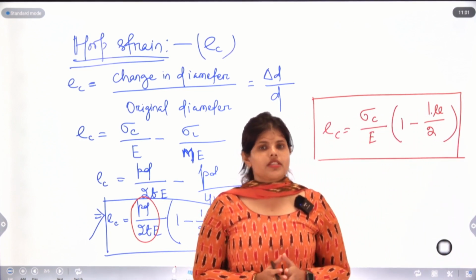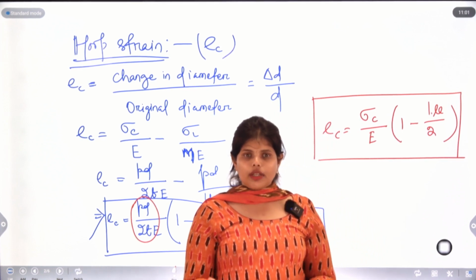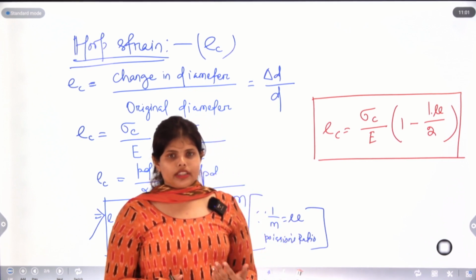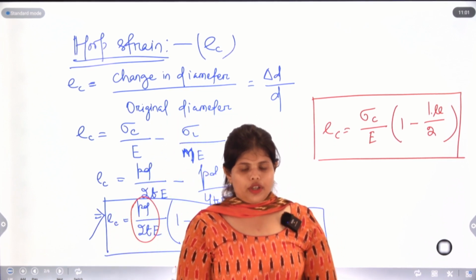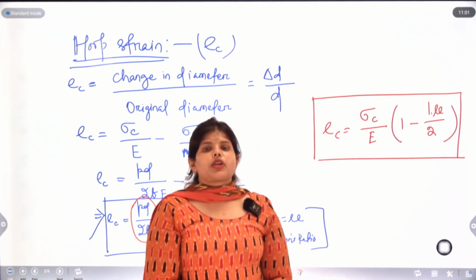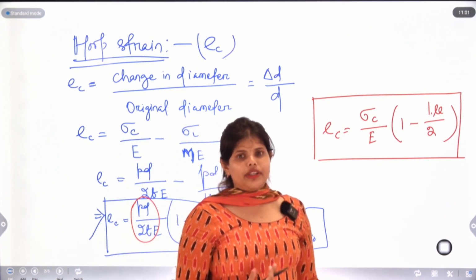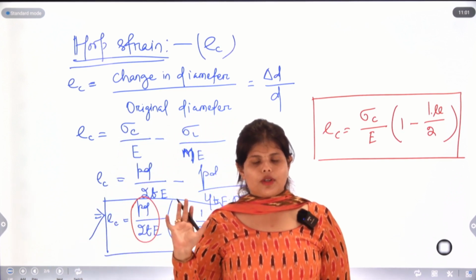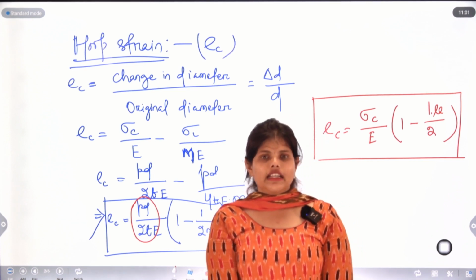But these derivations are not necessary. We generally need the formulas to solve our numericals, so basically we need to remember all those formulas. Till the next class, you need to remember these formulas. In our next class, we will solve some numericals. Thank you.